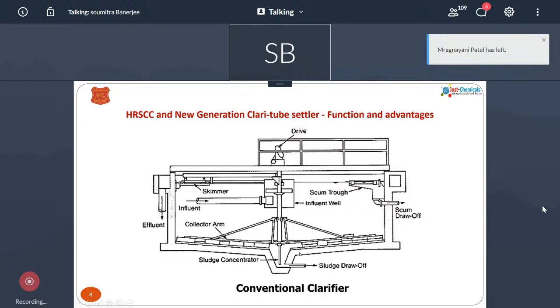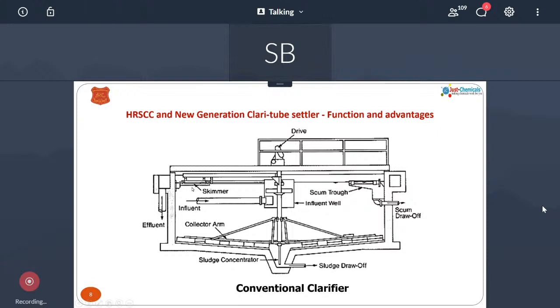And it had a skimmer as well, because sometimes overdosing of coagulants like alum can break down the bicarbonate alkalinity, and CO2 can form, and that CO2 will be trapped in the sludge, and the sludge can go up to the topmost layer. So the skimmer will take the sludge out of the system, and there was also a scum drop.